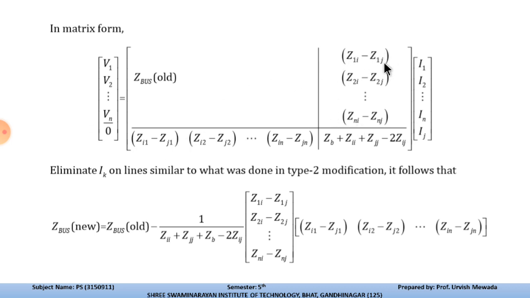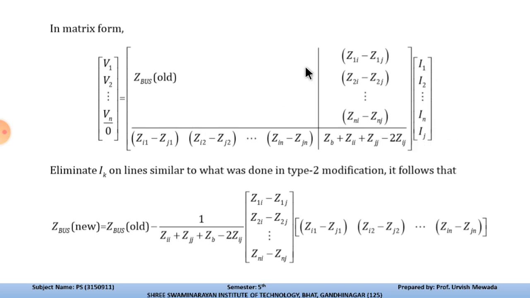This is how we write the equation for the off-diagonal impedances, and the diagonal impedance becomes Zb plus Zii plus Zjj minus 2Zij, with the currents I1, I2 to In to ij.